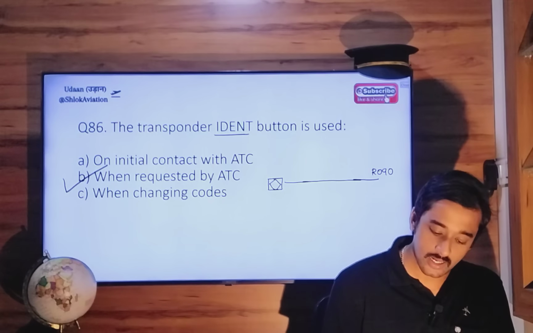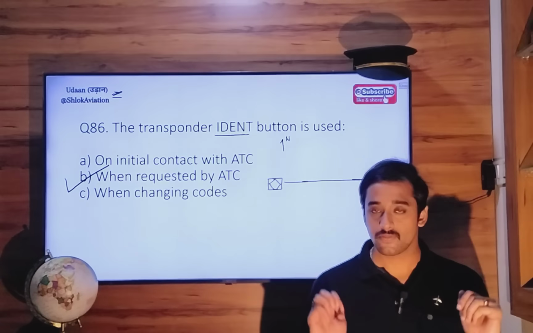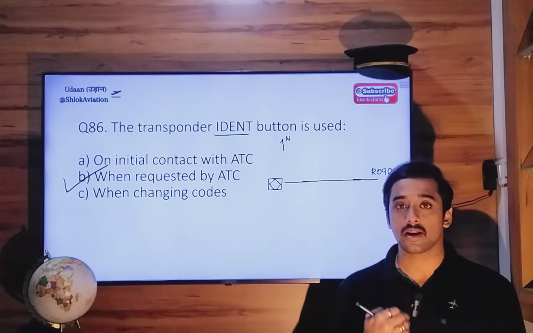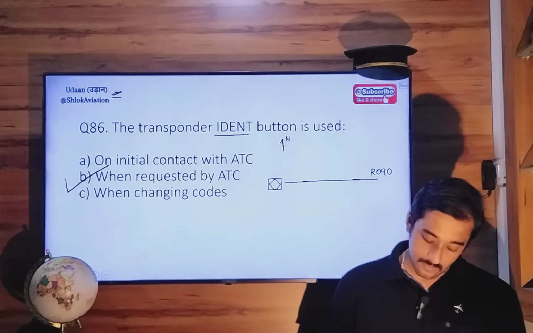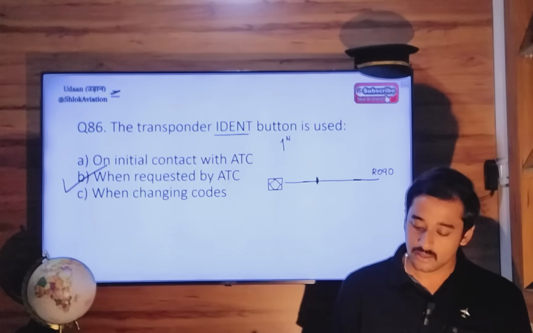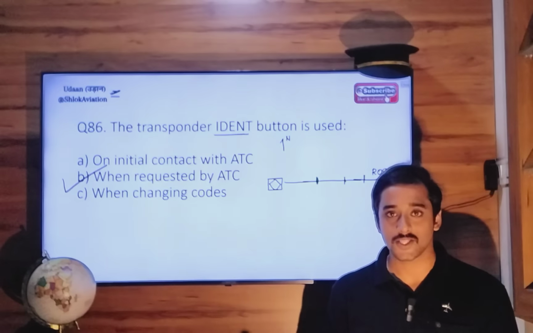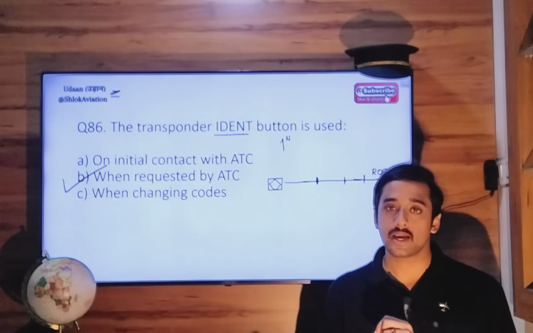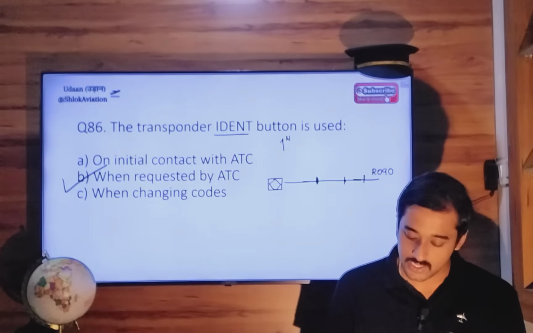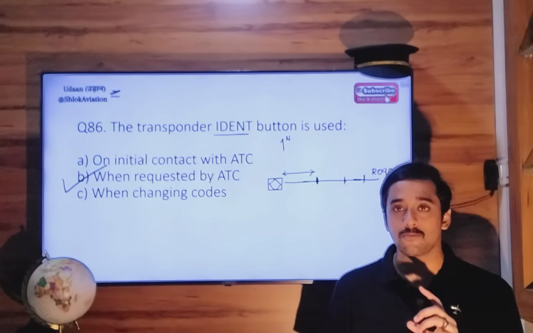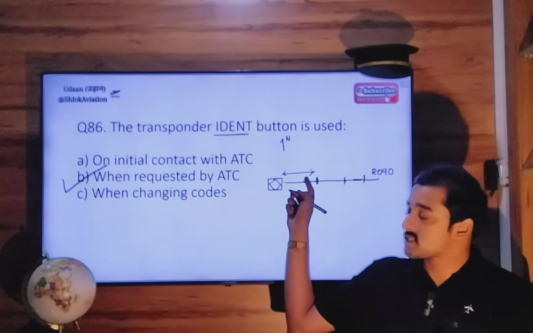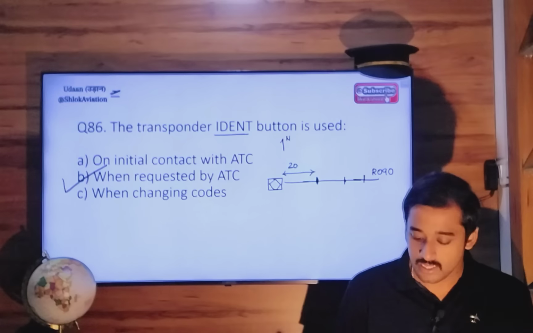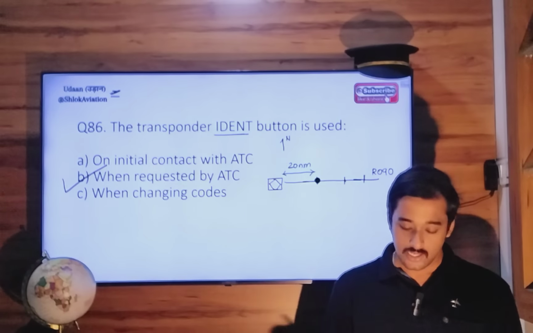Now radial 090 is unlimited in length. So if I say I'm on radial 090, that means I can be anywhere on radial 090. But when I say I am on radial 090, 20 nautical miles away from the station, I get an accurate pinpoint position. So that means I am somewhere here. So that is second way.